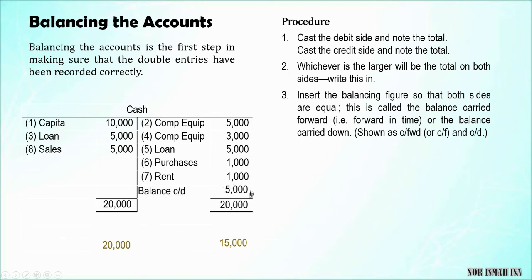This is the balancing figure. Balance carried down is the balancing figure. You can write down C/D or C/F, carried forward. So this is the balance at this time only, for the balancing. You cannot say this is a closing balance. This is the balancing figure.